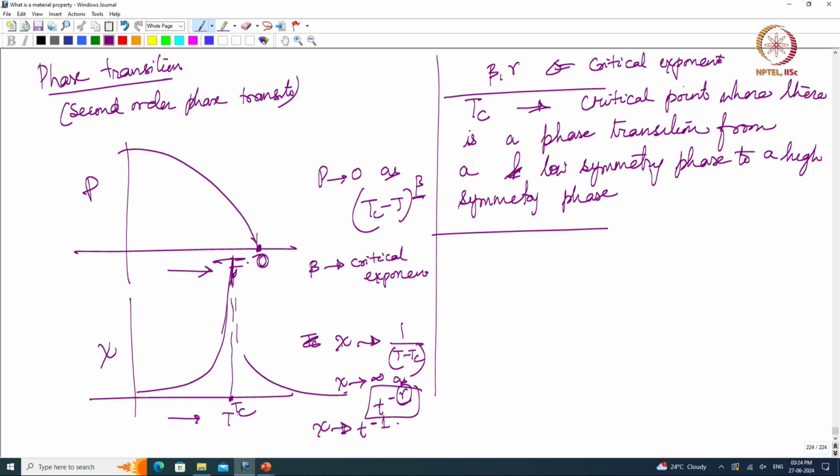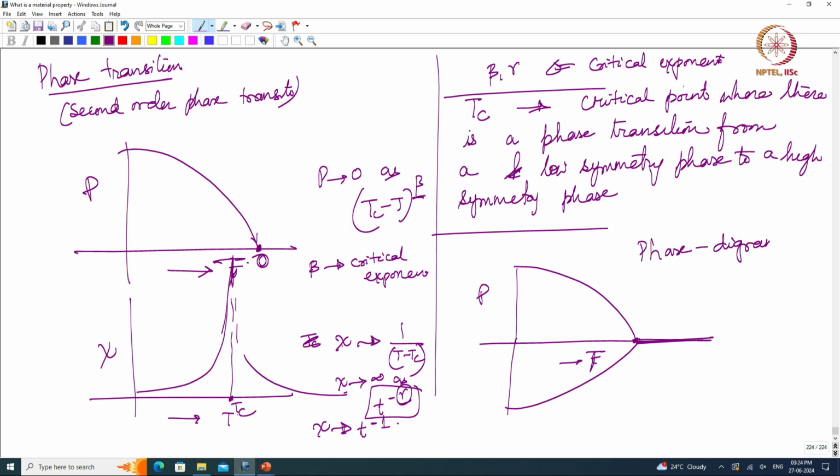Okay. So, this is what happens to polarization as a function of temperature. Ideally I have two solutions for polarization if I am changing the temperature, and both these solutions go to 0 this way, and from here I just have one solution of polarization. So, I am looking at a part of what is called a phase diagram, the phase diagram of a ferroelectric, let us say, or any material where the order parameter is going to 0 with temperature.